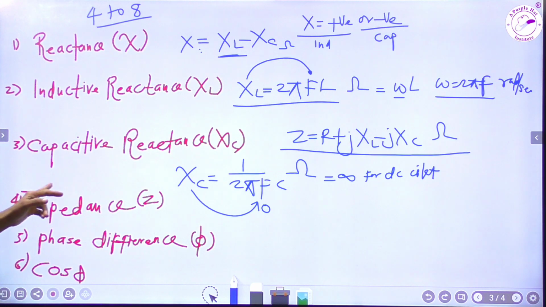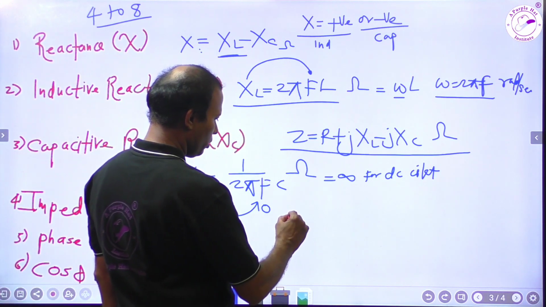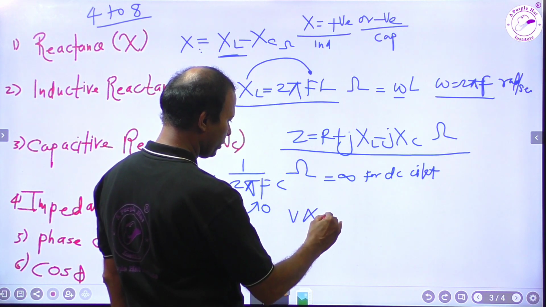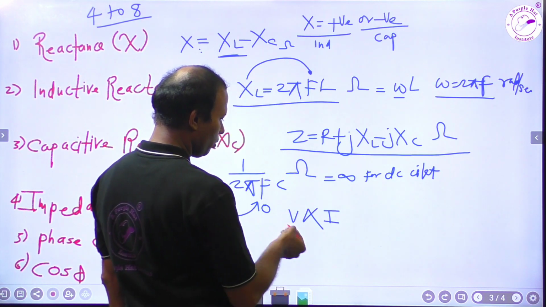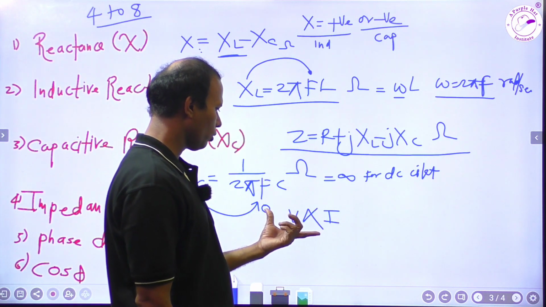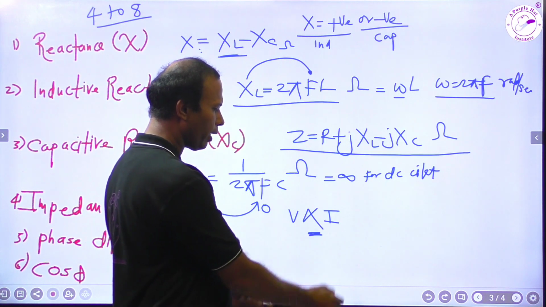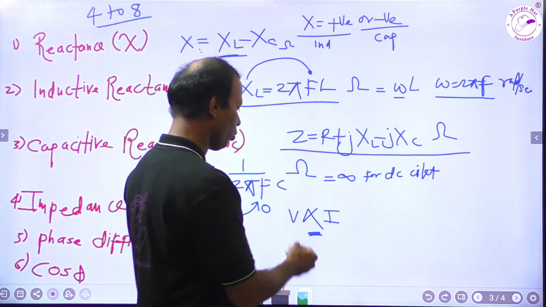Now impedance. Impedance is the most important. You know, voltage and current always have proportionality. This voltage is proportional to the current as per the statement of Ohm's law. This voltage is always proportional to the current. This proportionality constant is equal to impedance for an AC circuit.